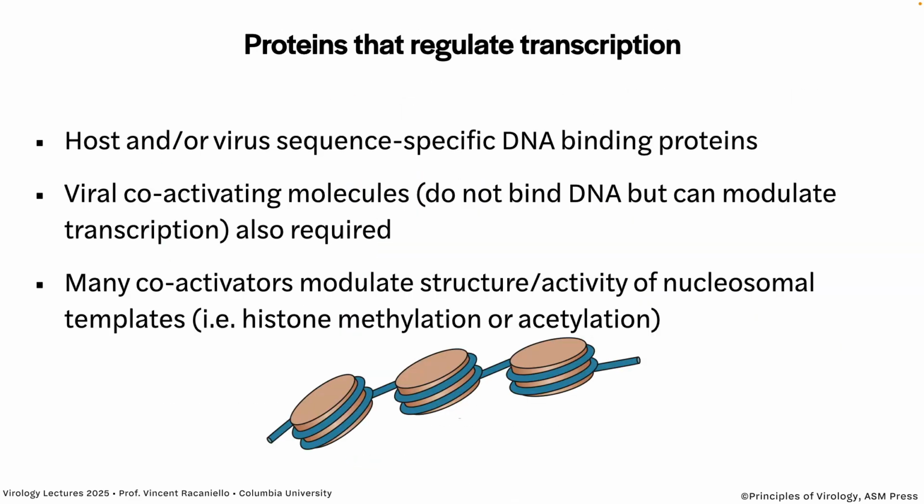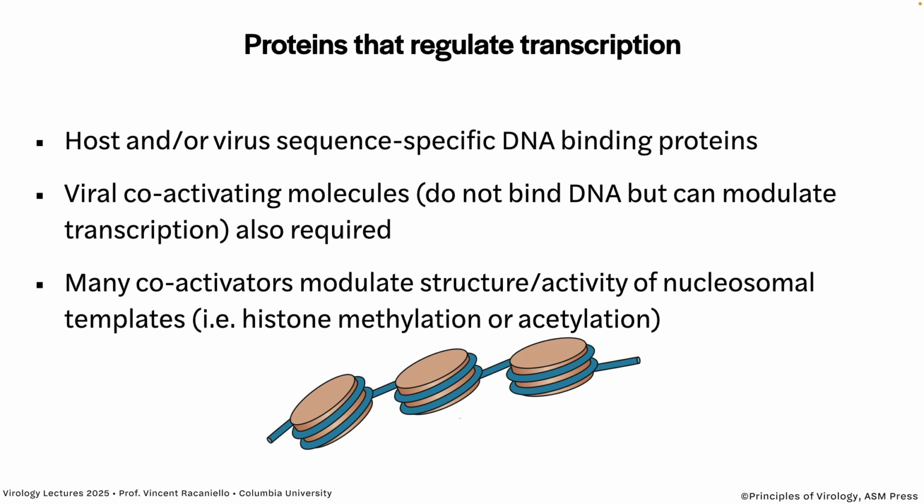So they are sequence-specific, but there are also regulatory proteins that don't bind DNA. They're called co-activating molecules, but they can regulate transcription. And the way they do it is by modulating the structure of the nucleosome. We'll see an example of that in a minute, but as you know, DNA is wrapped around histones, and the structures are called nucleosomes.